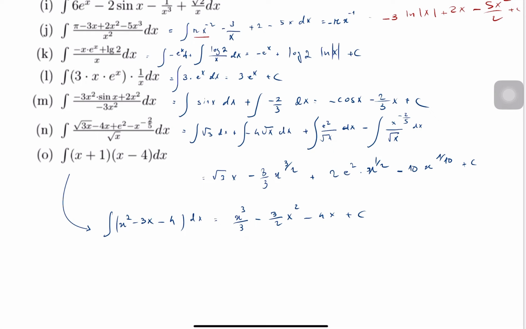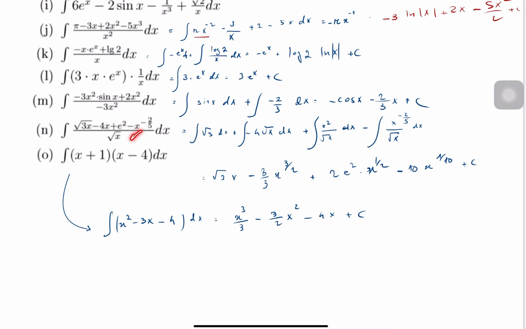Again, the same situation. First simplify these. Radical x cancels radical x. We just remain with radical 3. Minus 4x per radical x will be minus 4 radical x, because we know x is the power 2 of radical x. x power 2 per radical x will be this number.